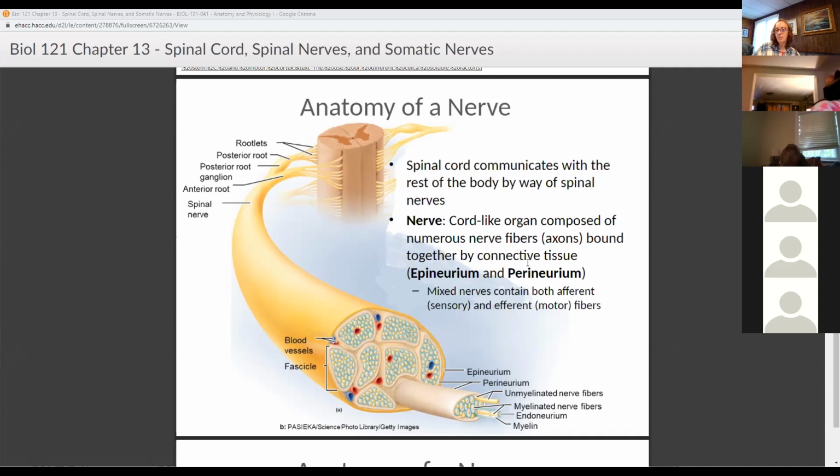So now let's talk about the spinal nerves. The spinal cord communicates with the rest of the body by way of spinal nerves. These are cord-like organs that are composed of numerous nerve fibers bound together by connective tissue, epineurium and perineurium.